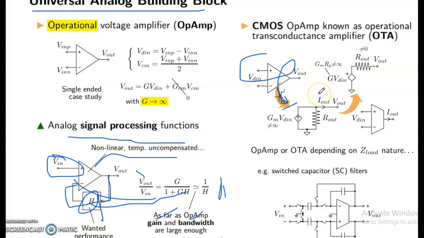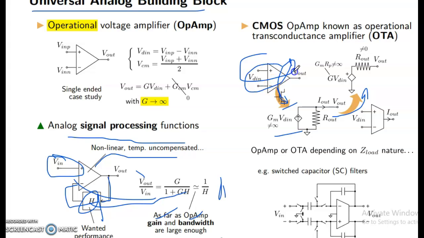Then GM RP is not equal to infinity. That is the equivalent circuit here: GM VDM, not equal to infinity.